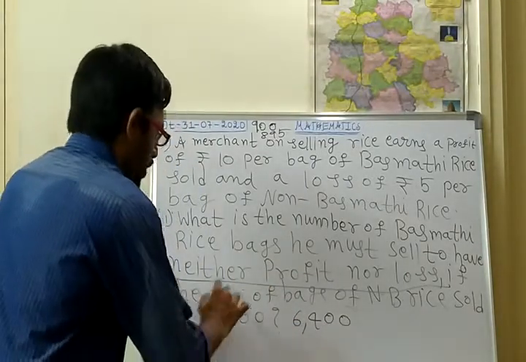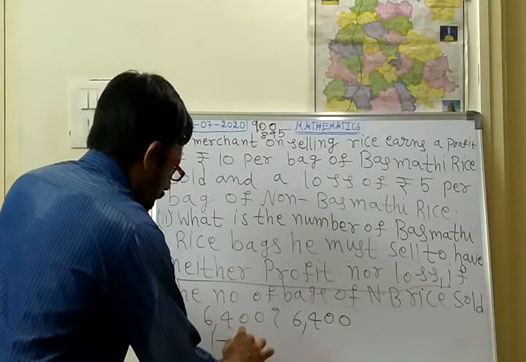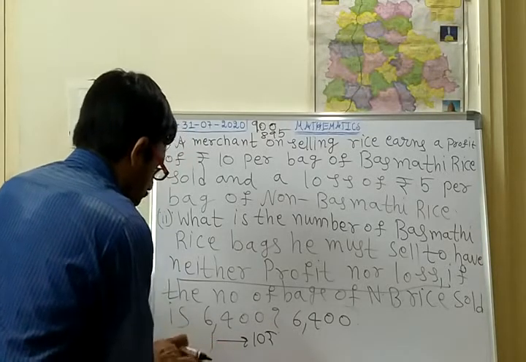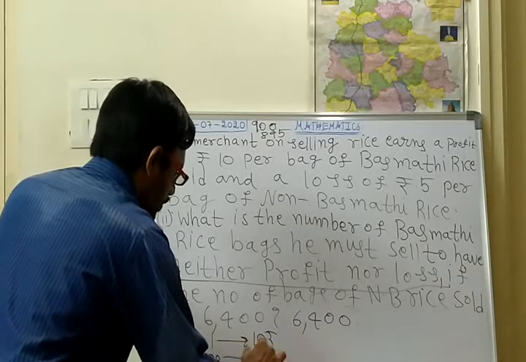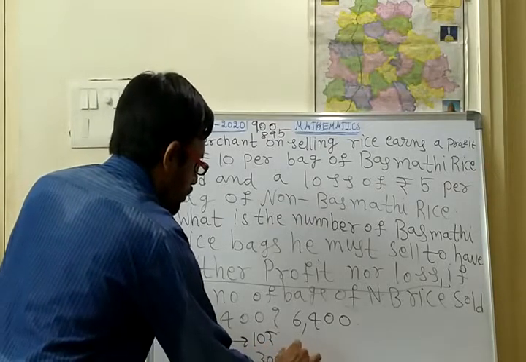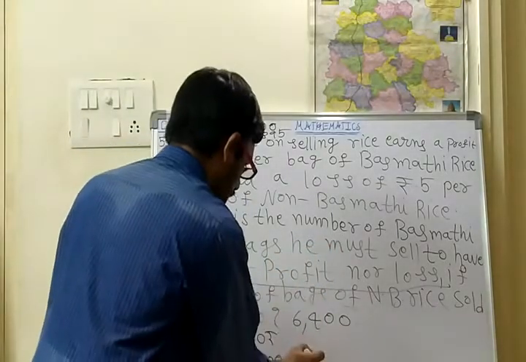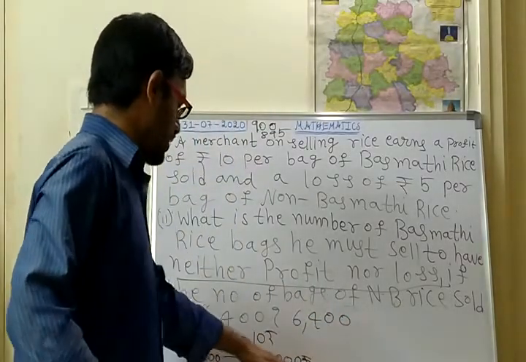See here, in the first problem, for one bag he lost 10 rupees, and for 3,000 bags he lost 30,000 rupees. Next, he gained 30,000 rupees. Sorry, for 3,000 bags he gained 30,000 rupees as a profit.